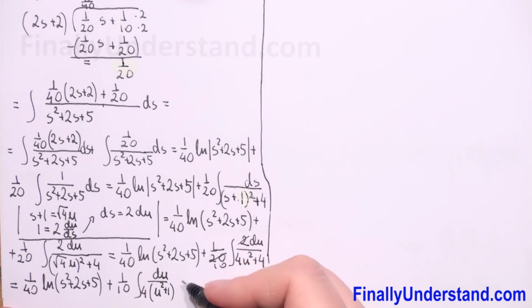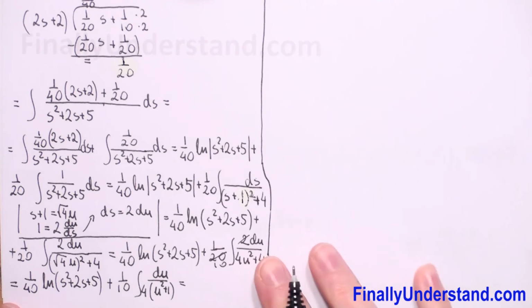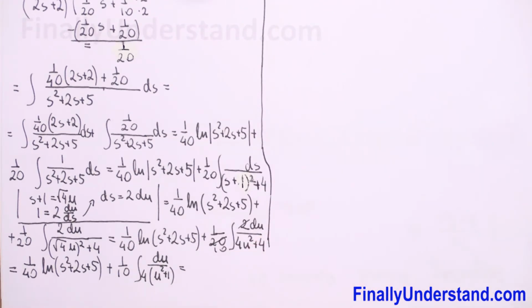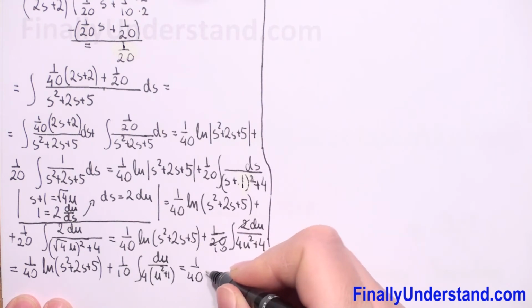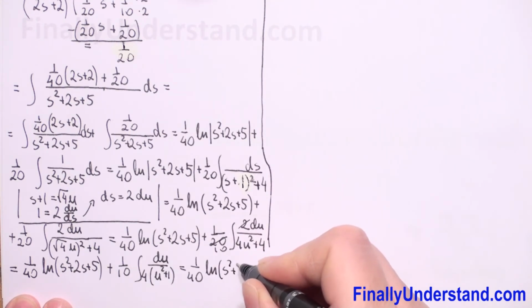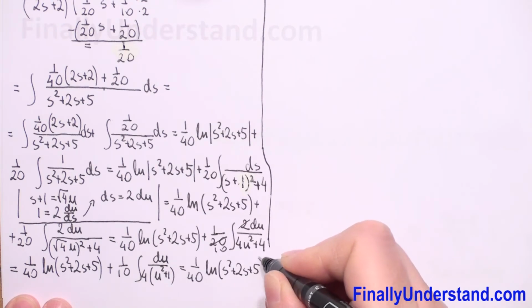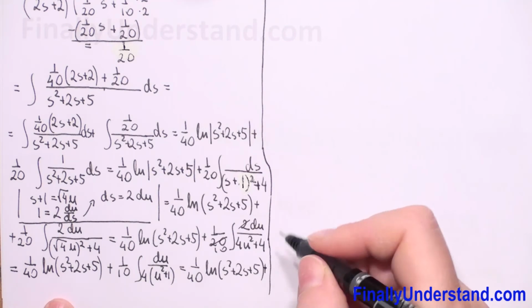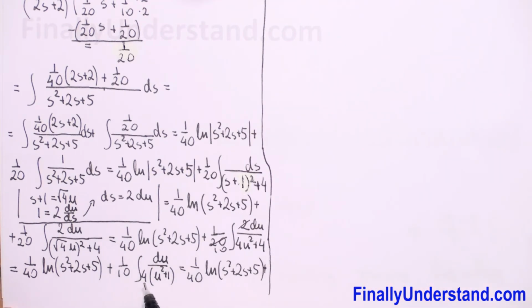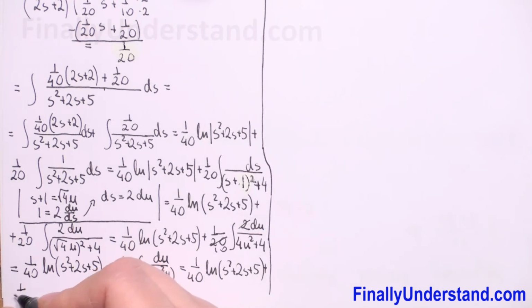So now this is equal to 1 over 40 natural logarithm of s squared plus 2s plus 5, and we have plus 1 over 10 times 4, so it will be plus 1 over 40.